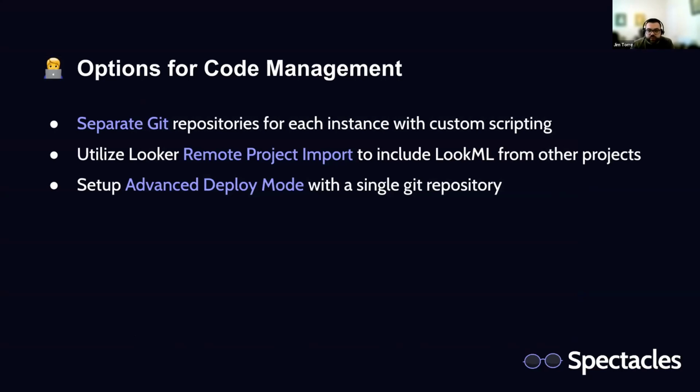You still have multiple repos in this case, but utilizing some Looker tools in order to condense all those into a single project. Or you can use Looker's advanced deploy mode, which is a fairly recent feature in the past year or 2, that allows you to natively manage code across multiple instances using a single Git repository.